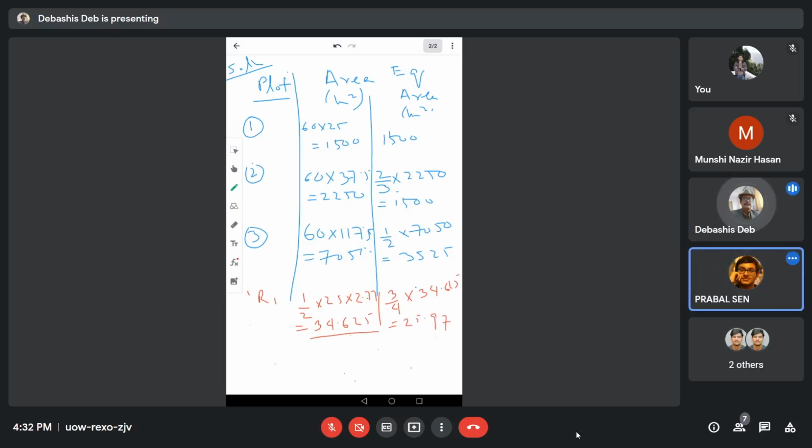Good. Now R1 is done, R2. R2 area is, now it is a trapezoid.